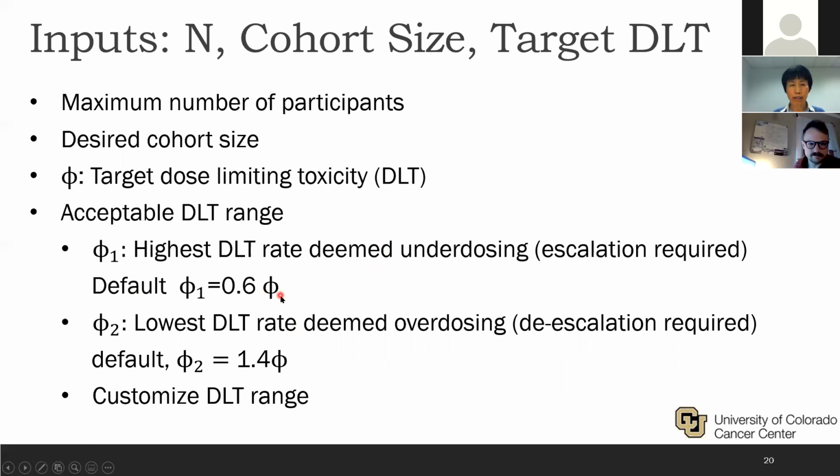The default value is 0.6 times the target DLT rate. And phi2 is the lowest DLT rate deemed overdosing, so this will be used for de-escalation. The default value is 1.4 times the target DLT rate. However, we can customize the DLT range. We don't have to use the default values. It's just that in general, the default values perform well.